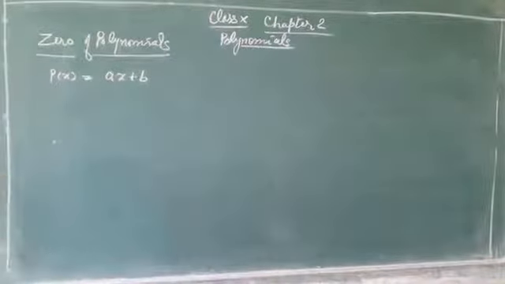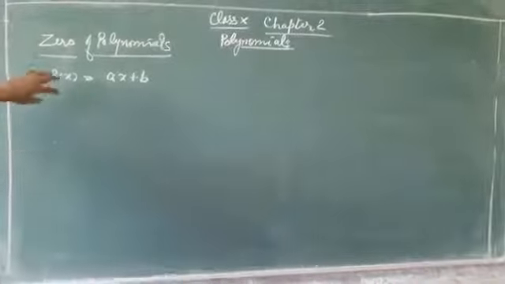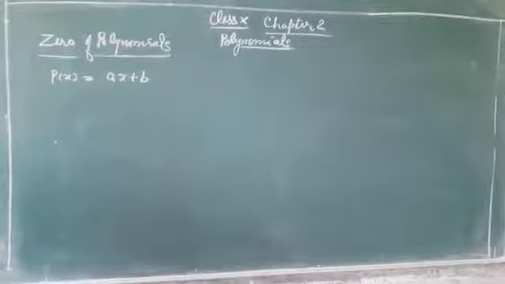Means if we find the value of x such that the polynomial at that value of x becomes 0, we call it the zero of the polynomial.